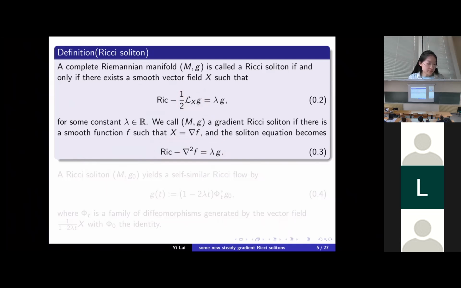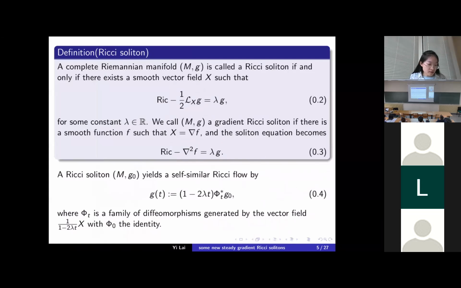As before, we can generate a self-similar Ricci flow using these Ricci solitons in this way. If you have g0, which is a soliton metric, and lambda is the soliton constant, then you can define a family of metrics g_t by pulling back g0 using a family of diffeomorphisms generated by this rescaled vector field, where phi 0 is the identity, and you rescale the metric properly.